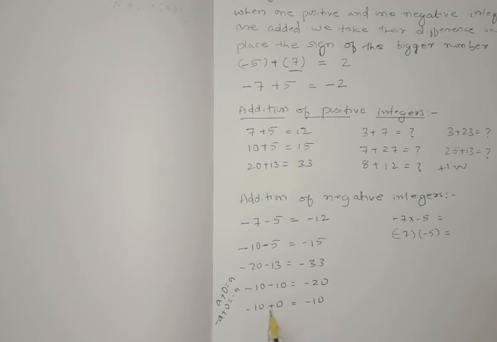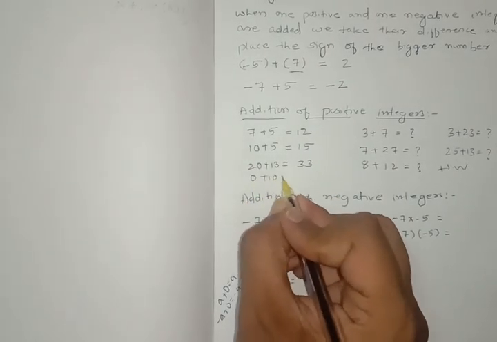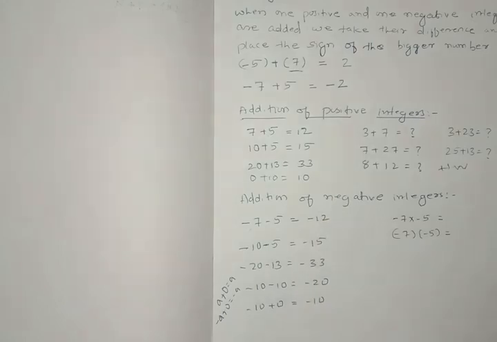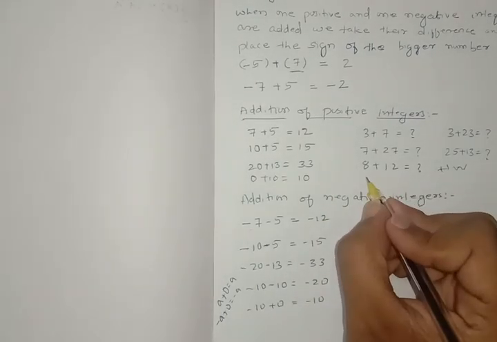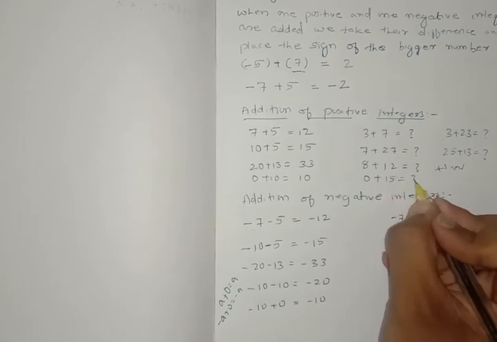If you add 0 with any negative integer, you will get a negative integer, students. Keep in mind, this is very important. We'll take one example here. 0 plus 10 is equal to plus 10. I am giving you one more question in the homework. 0 plus 15 is equal to how much?